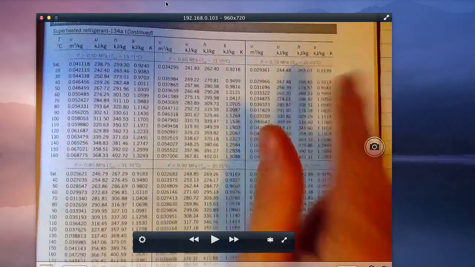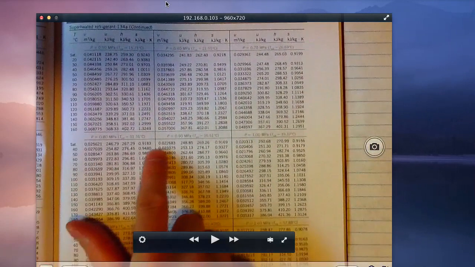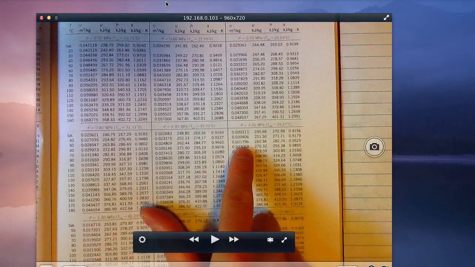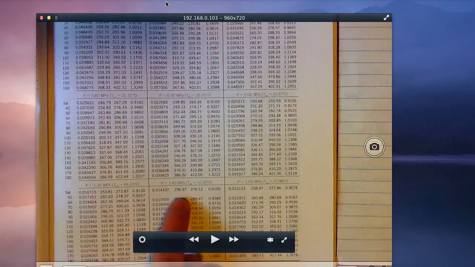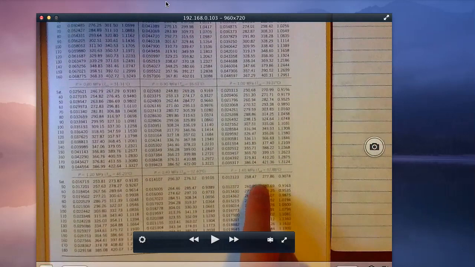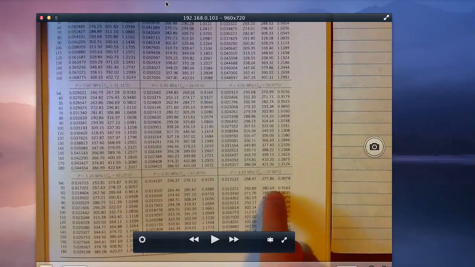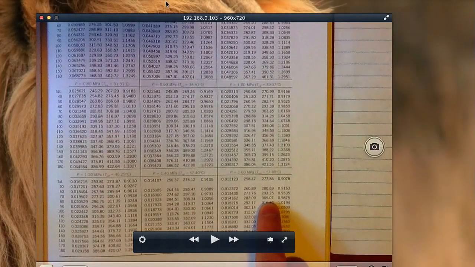So we look further down the page, and here we've got 0.8, 0.9, 1.0, 1.2, 1.4, 1.6. Our data is going to be somewhere in this pressure subtable.